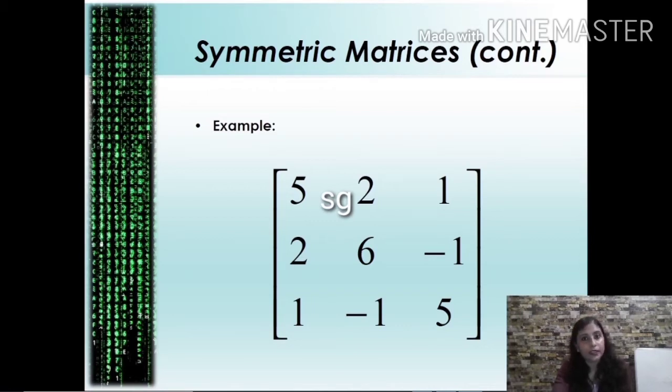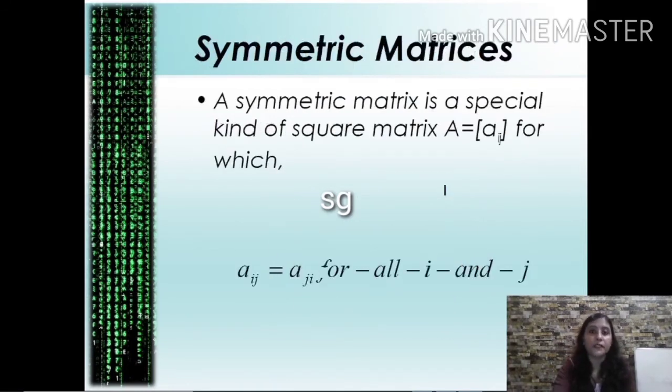It is known as a12, and here a12 is equal to 2. Similarly, in the second row, its first element is a21, which is also 2. So a12 is 2 and a21 is 2, hence a12 is equal to a21. Hence, we see that it follows the pattern of a symmetric matrix.